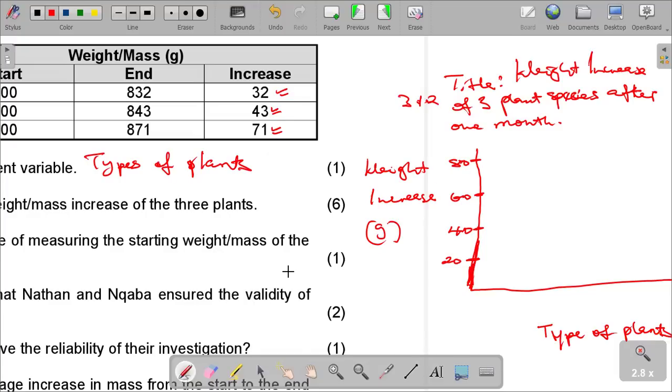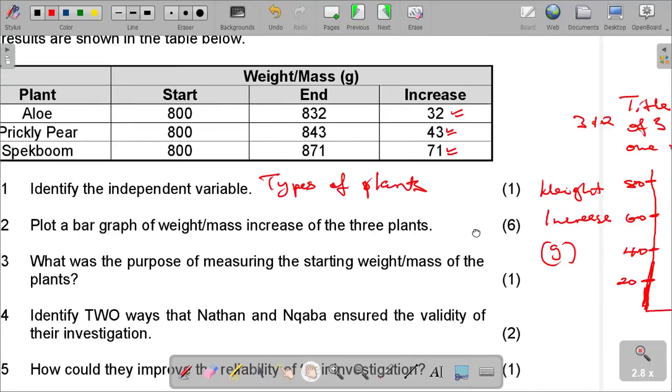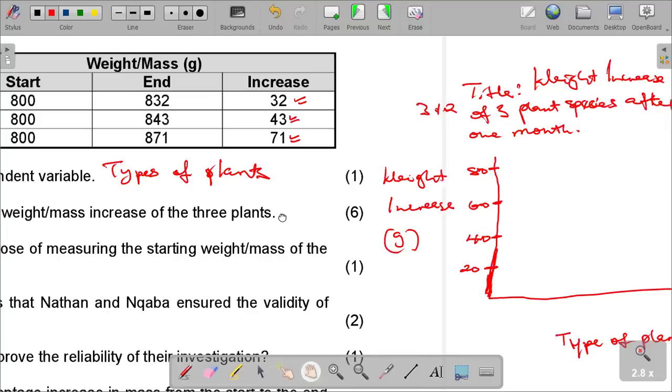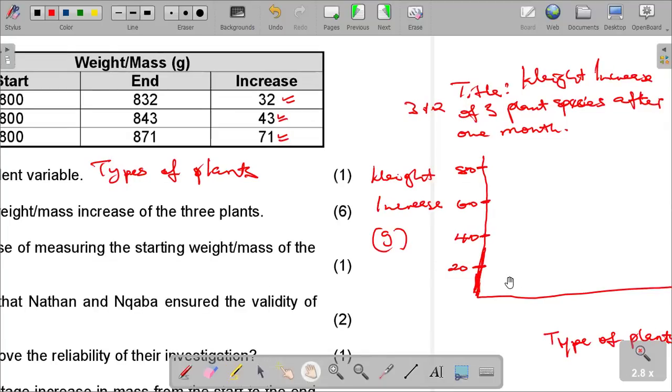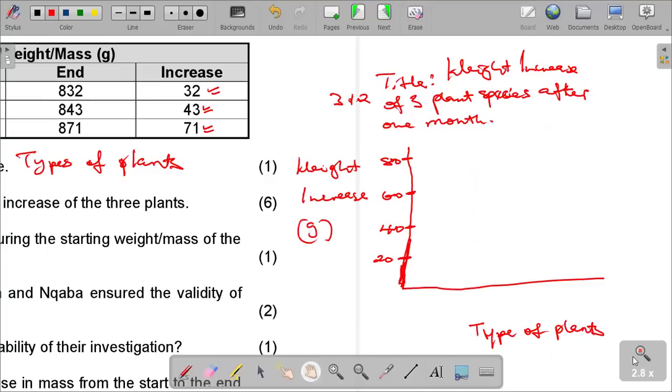The first plant is the aloe, which is 32 grams.